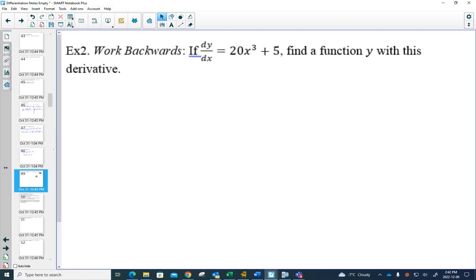Can you work backwards? If that's the derivative, what would the original equation be?